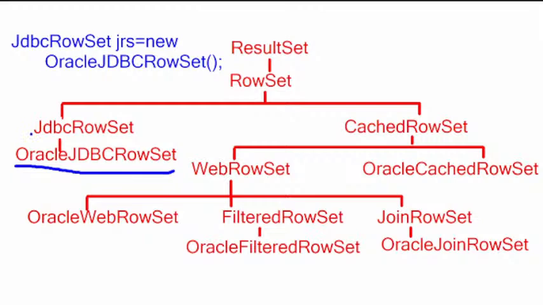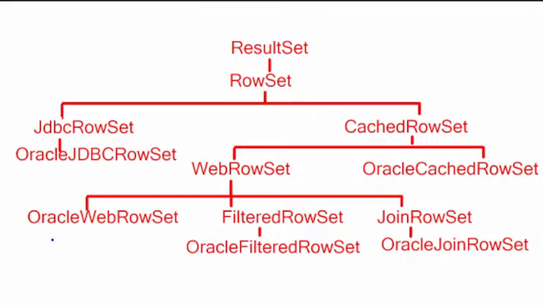This object is assigned to JdbcRowSet. How is it valid? It is called upcasting. Upcasting is always valid. Upcasting is done by the system implicitly. If you want to do downcasting, upcasting is required as well as explicit type conversion.